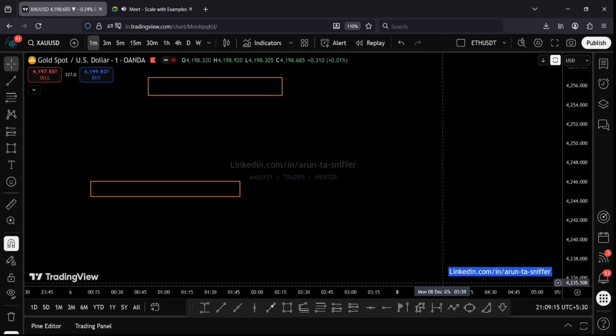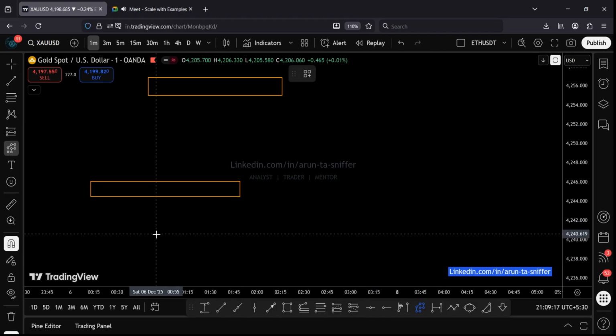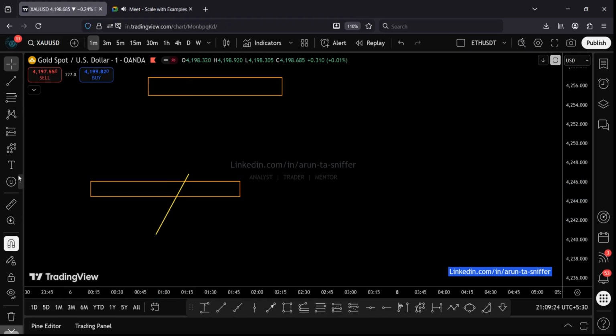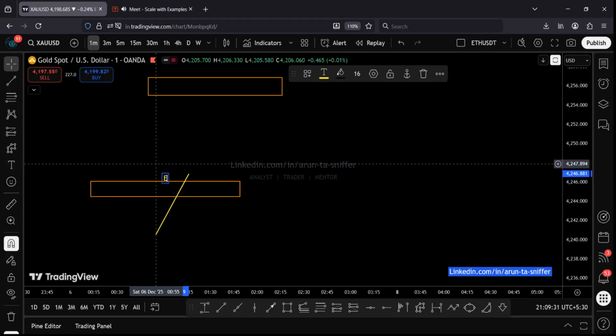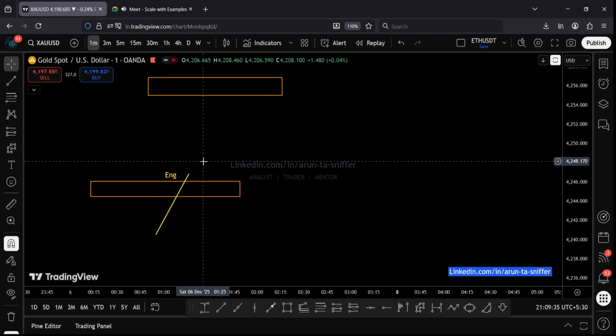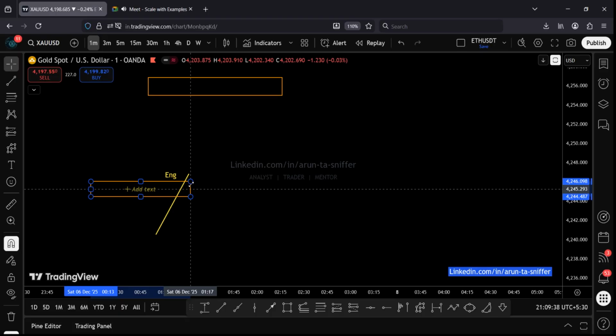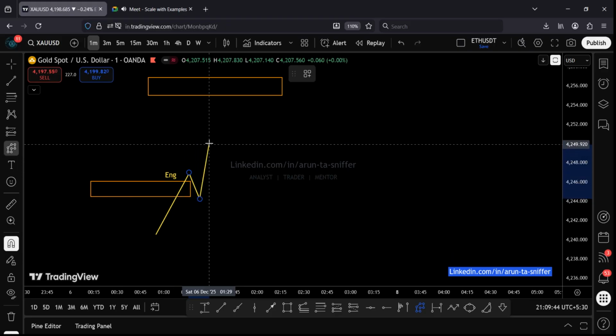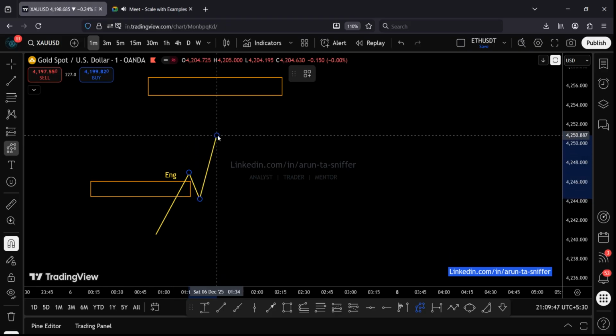So what happens when price comes and engulfs this, pulls back and keeps going in the same direction?